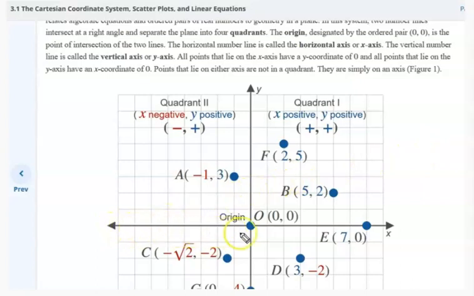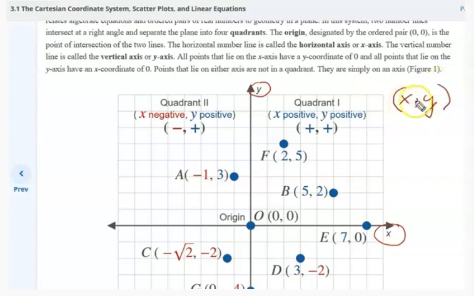The horizontal number line we refer to as the x-axis. The vertical number line as the y-axis. And then on the actual graph, once we form it, we are going to put on what are called ordered pairs.